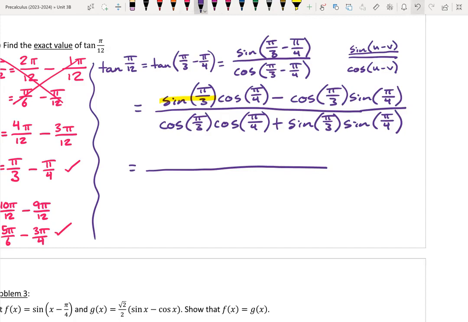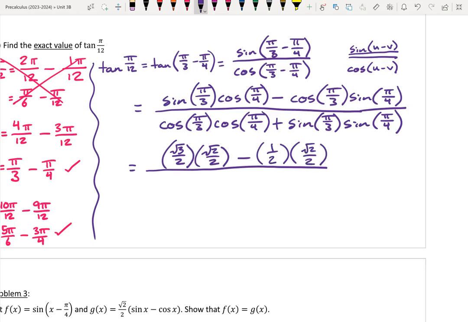So we would have root 3 over 2. And Mandy, what is cosine of pi over 4? Okay, minus, and now on to the cosines there. Aaron, what is cosine of pi over 3? 1/2. And sine of pi over 4?